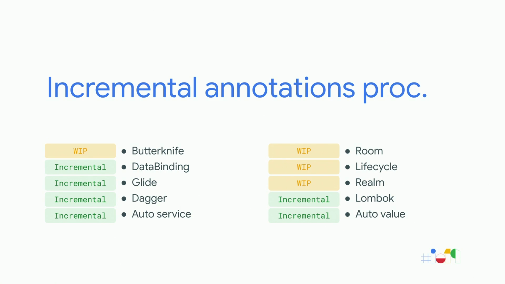But you have to be careful, again, that if you have your own annotation processors, it's very important that you make the effort to make them incremental capable. Usually, it's not very complicated.